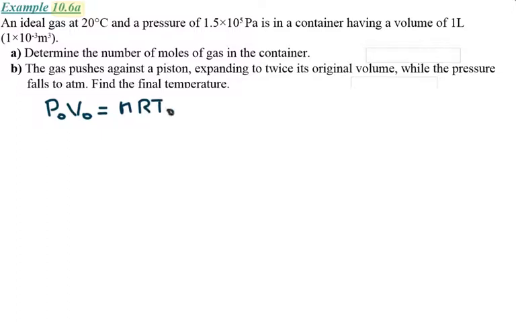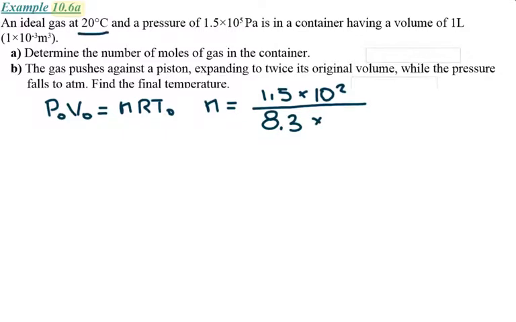initial, and from here I can calculate that N is equal to 1.5 10 to the second, that's PV, and divide by the volume is 10 to the negative 3, and the pressure is 1.5 10 to the 5th, so together will give me 1.5 to the second, and divide by R, which is 8.3, and T, I have to convert 20 degrees Celsius to Kelvin, so I have to add 273 to 20, which just gives me 293.